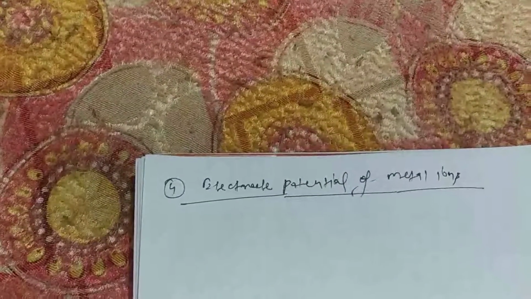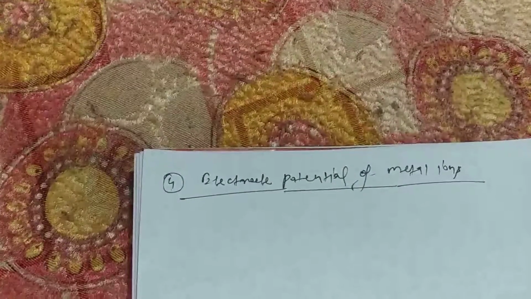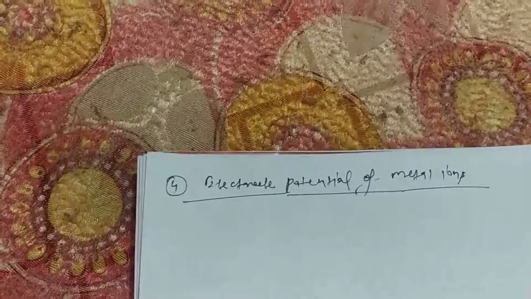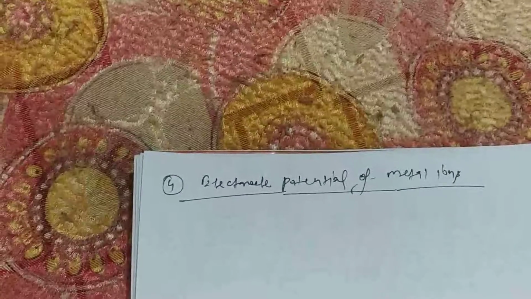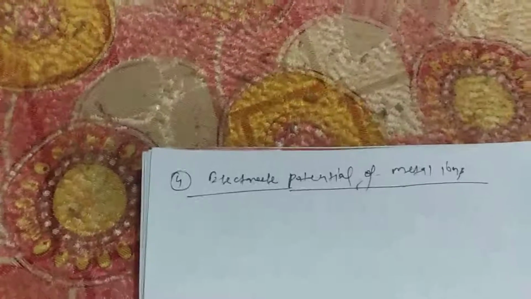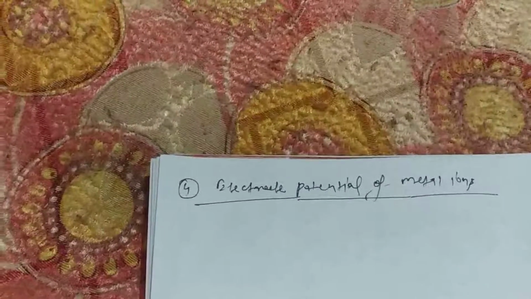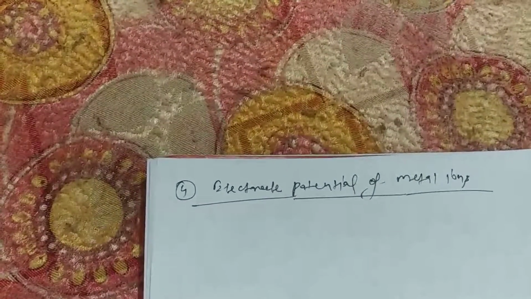Metal ions which have a large negative electrode potential have a lesser tendency to attract electrons. So if the metal ion has a lesser tendency, the ligand must have a higher tendency to get attached, so that would be a highly electronegative element.